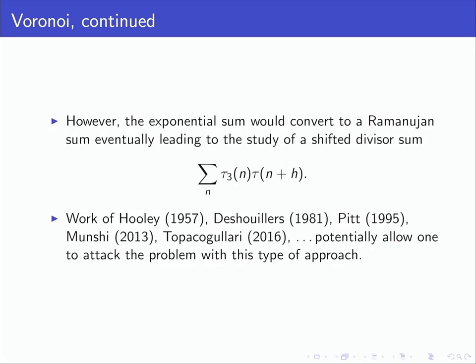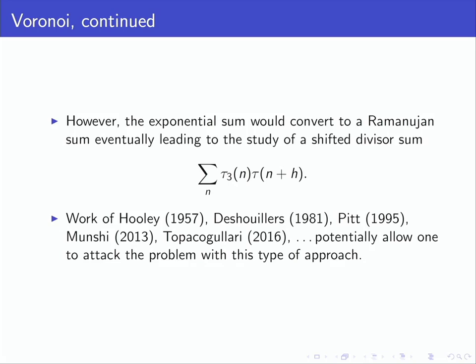So I think Hooley in '57 was the first to get something about this. Deshouillers got a power saving in 1981. There's a paper of Nigel Pitt from '95 where this tau of n plus h he can replace by lambda of n plus h, where those are the Hecke eigenvalues of a GL2 cusp form. There's work of Munshi, where he replaces everything by Fourier coefficients of Maass forms.